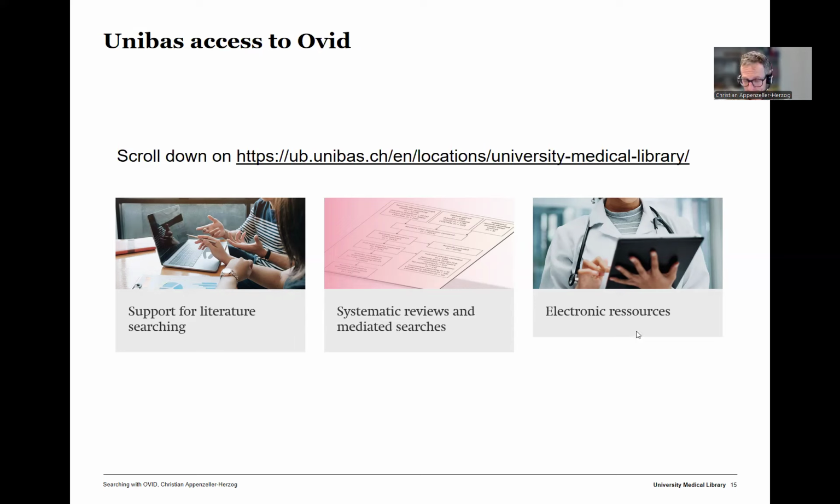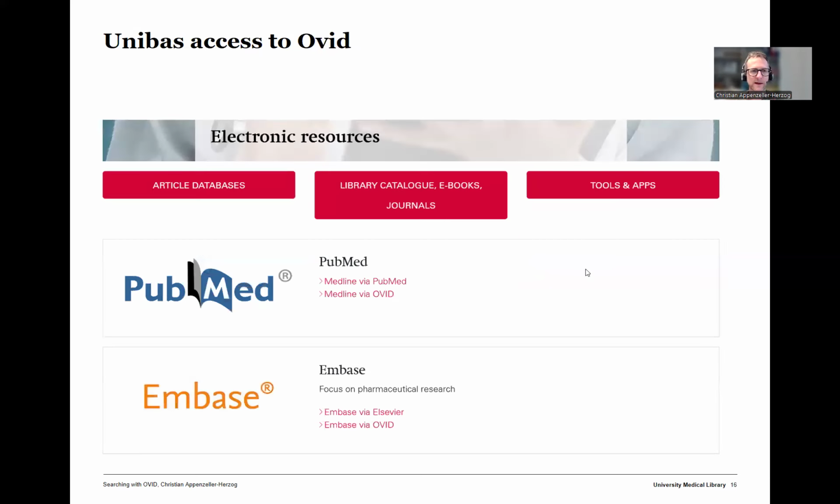But now we're interested in electronic resources. So if you press on that link, you're going to end up here with electronic resources, and there you have links to article databases that are provided by the University of Basel and that are relevant in the subject of medicine.